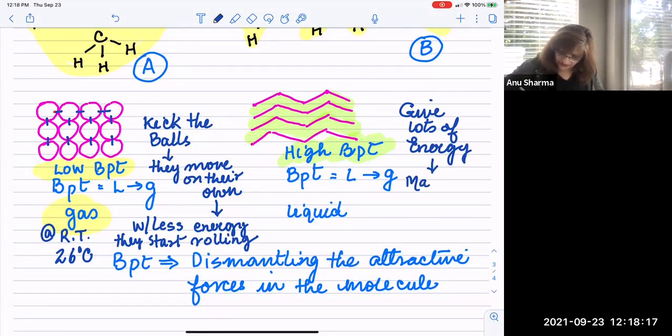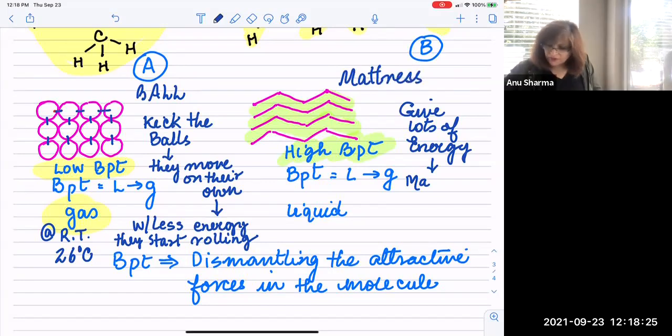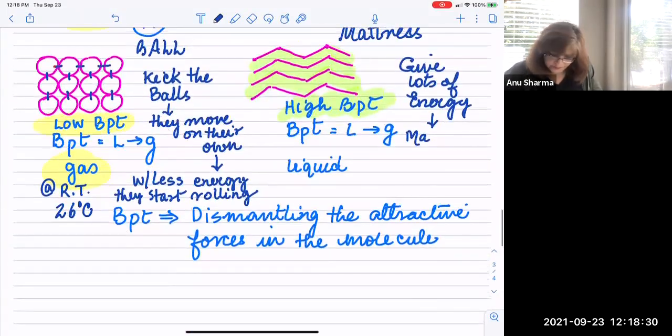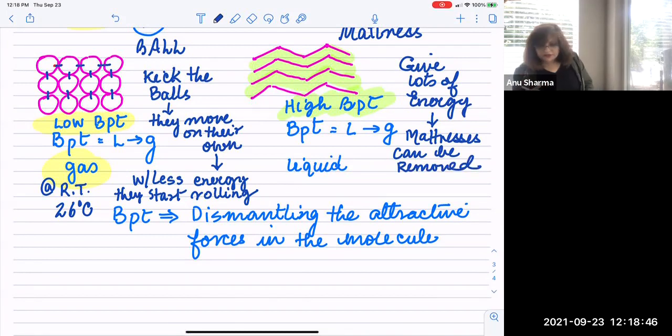So did I write this down? This is like a ball arrangement. This is like a mattress arrangement. Okay, so give lots of energy so the mattresses can be removed, or dismantled.